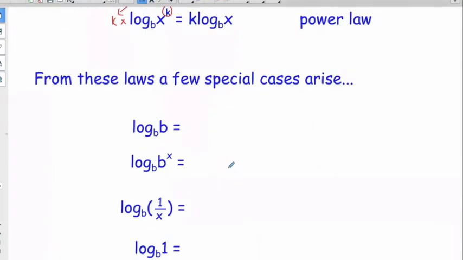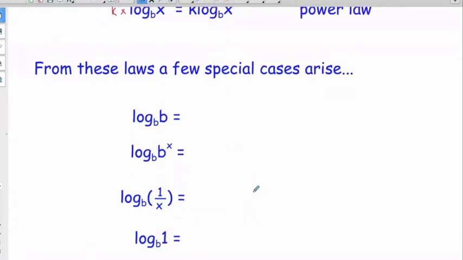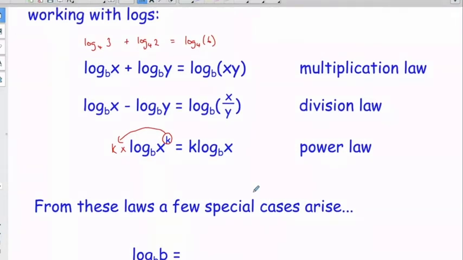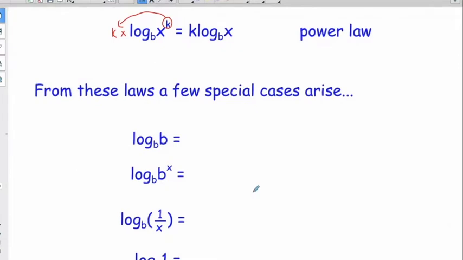Okay. So there's a few special cases, and some of these come from the work that we've already just looked at, and some of them come from these three new laws that we've just learned. The top one I would actually say comes from that original relationship that we've just looked at.